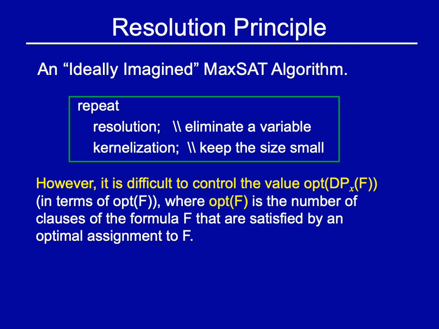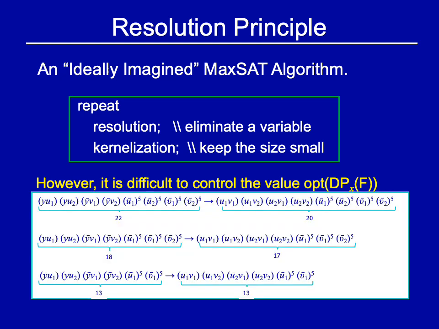But now the problem is really this: once you do resolution on a variable, it's hard to control or to estimate the number of clauses satisfiable in the optimal solution. Here's an example. You can look at each of those formulas here.